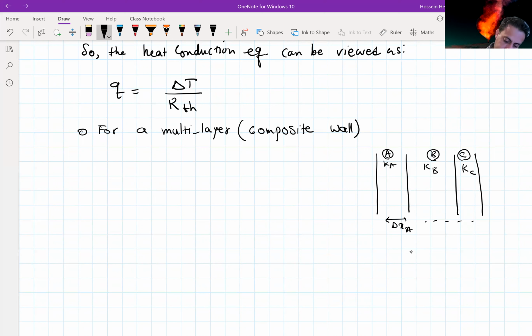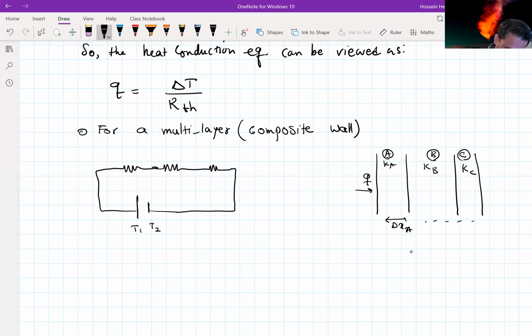So this is Q, and we can just treat them similar to the electrical resistance. We have a temperature difference that provides the potential, T1 and T2, and then we treat each of these layers as a resistance.